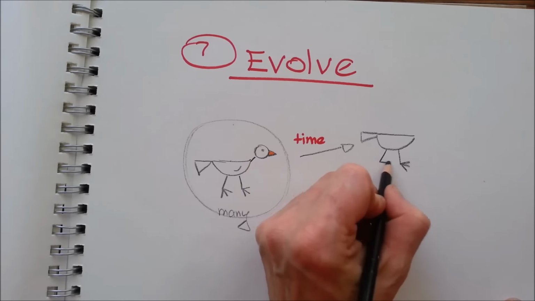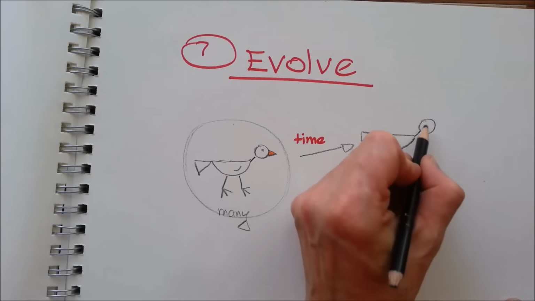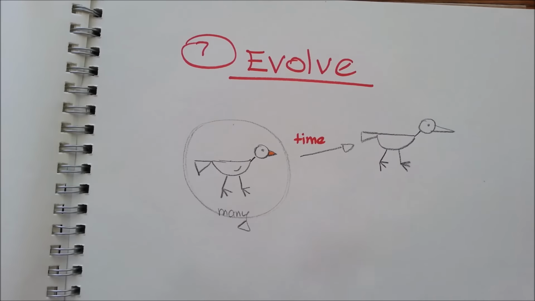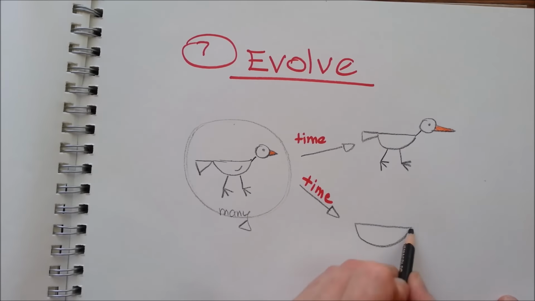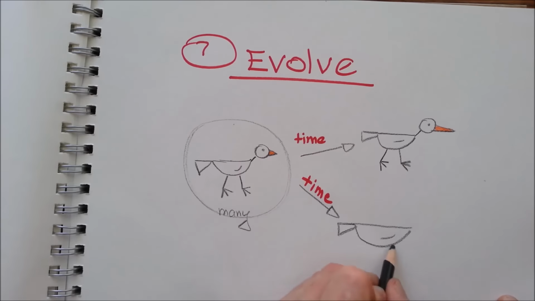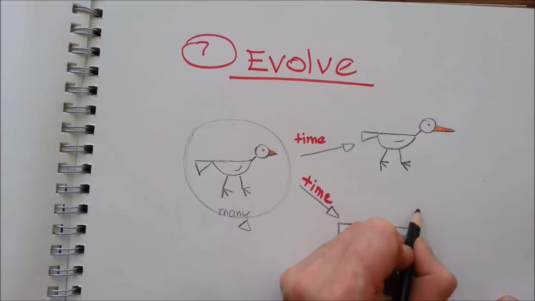These birds, actually, over time will have, for example, seeds for which long beaks are better for eating, so the organisms will turn into long-beaked organisms in a population.